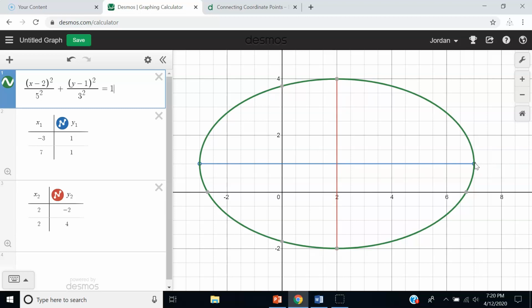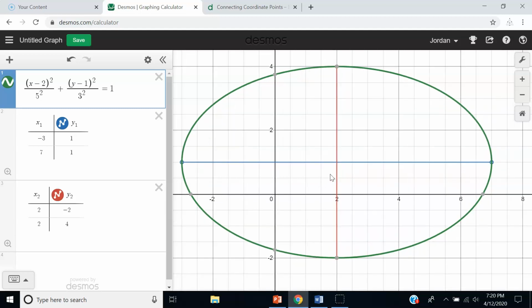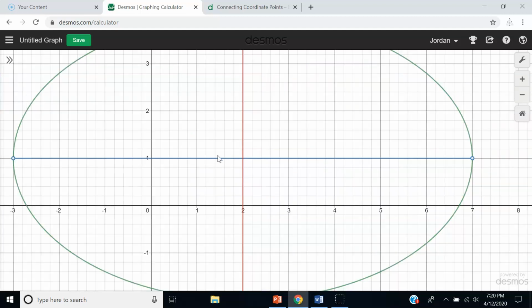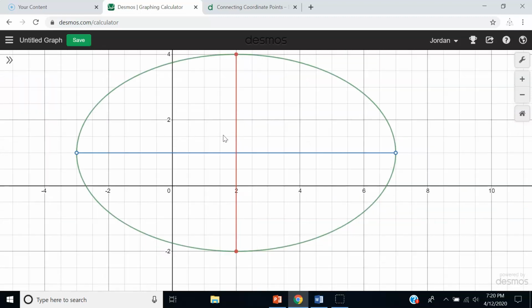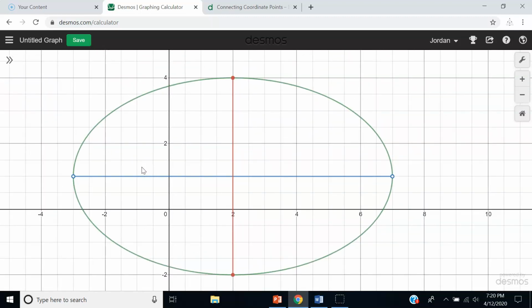So this blue line here, hopefully you can see that. If you can't, that's all right. This blue line segment here, that goes from (-3, 1) out to the point (7, 1), is my major axis.